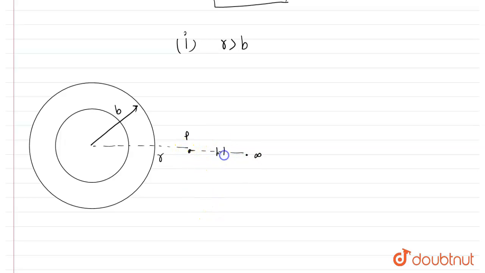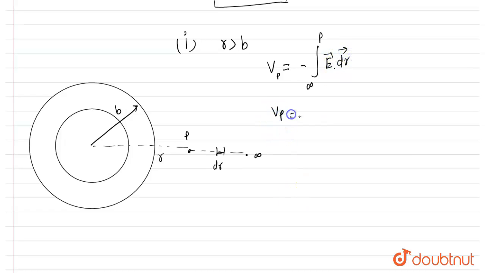In that region we have taken an element dr, and the electric field is equal to kq upon r square. So the potential V at that point is equal to minus integration from infinity to that point of E vector dot dr vector.